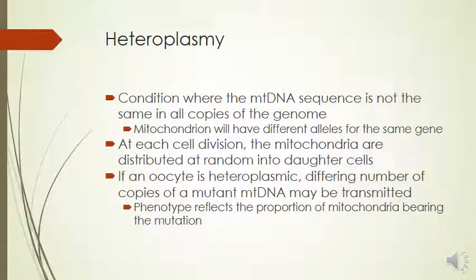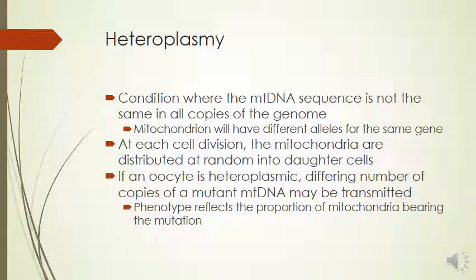The condition called heteroplasmy is a condition where the mitochondrial DNA sequence is not the same in all copies of the genome. The mitochondrion will have different alleles for the same genes. At each cell division, the mitochondria are distributed at random into daughter cells.